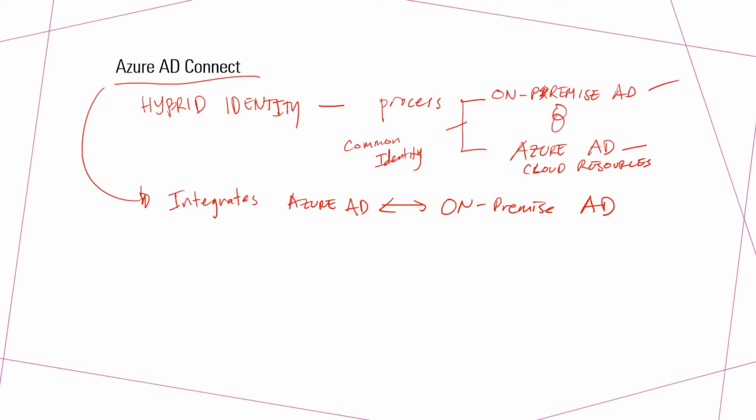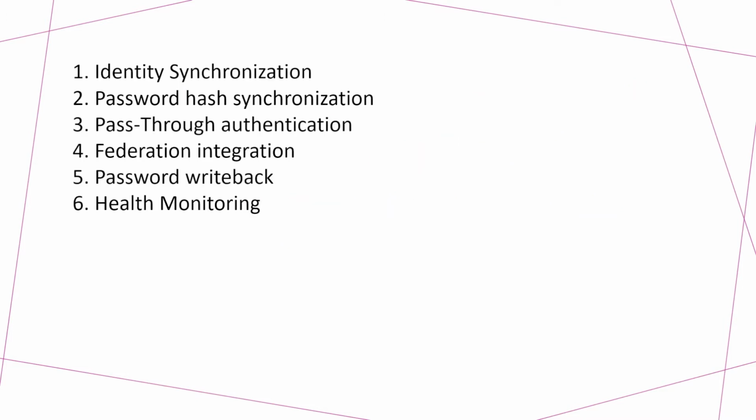So once you have this common identity, your users can use that benefit for accessing Microsoft 365, Azure, and your web applications that use Azure AD as your identity provider. So Azure AD Connect provides benefits, or we call these features.